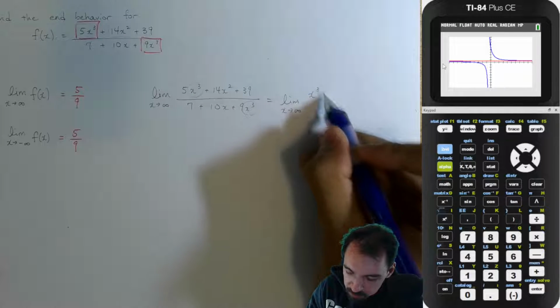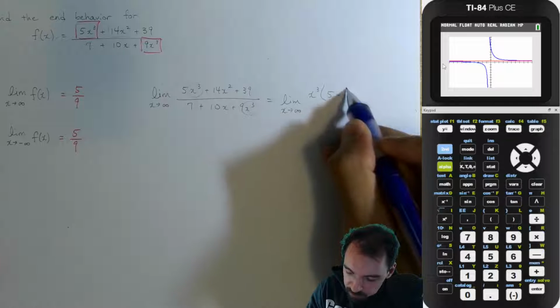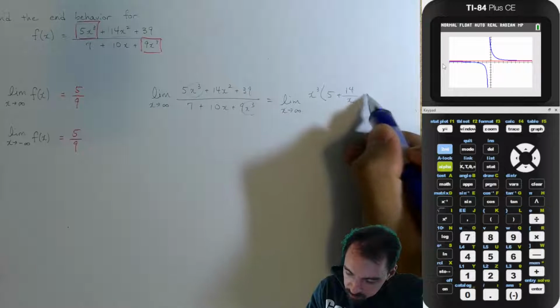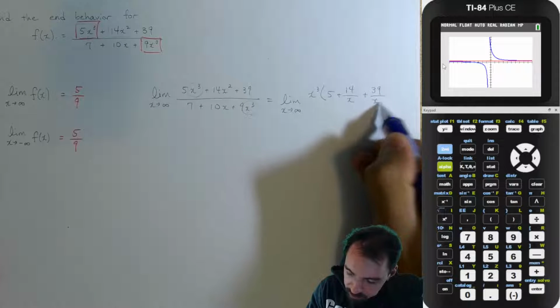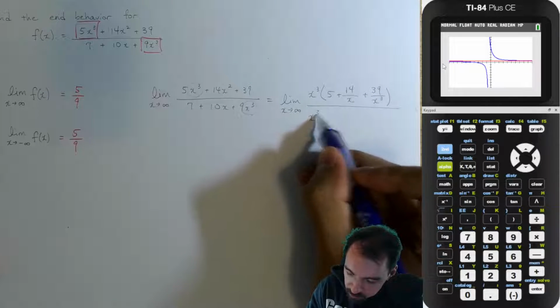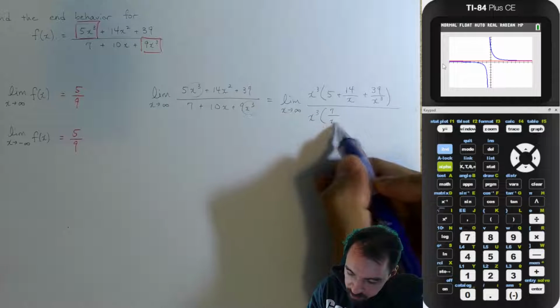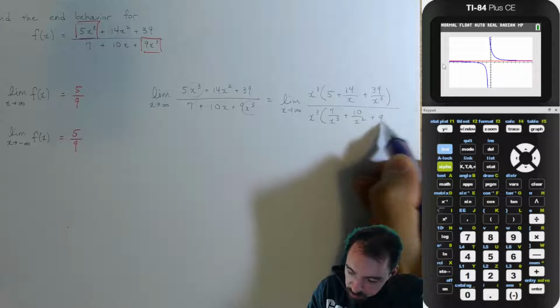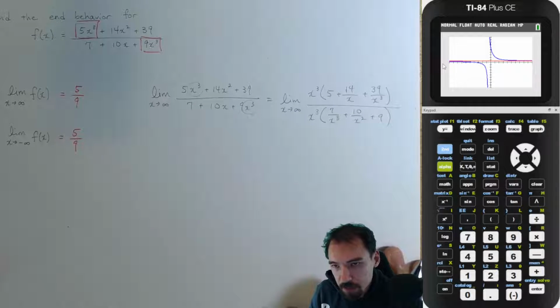So that's x cubed times 5 plus 14 over x plus 39 over x cubed, all over x cubed factored out, which gives me 7 over x cubed plus 10 over x squared plus 9. All right.